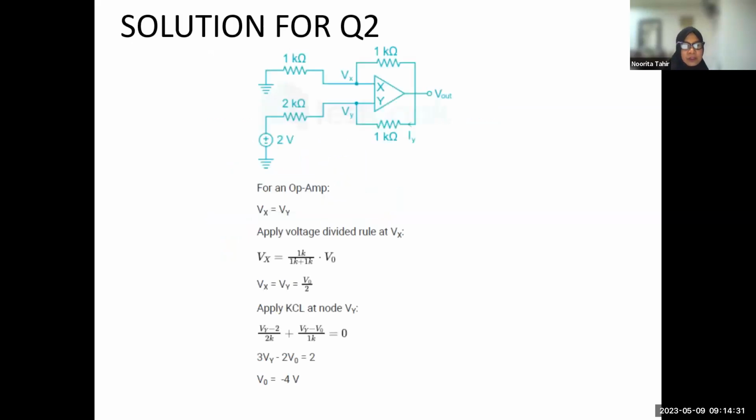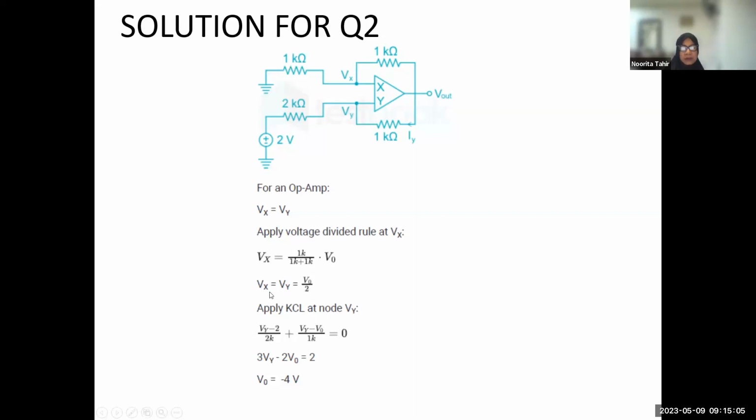This is the solution. It's a bit long. This is the original question. We say that Vx is equal to Vy because of the virtual ground assumption, and applying the voltage divider rule at Vx, Vx is 1K over the total resistance times V out.